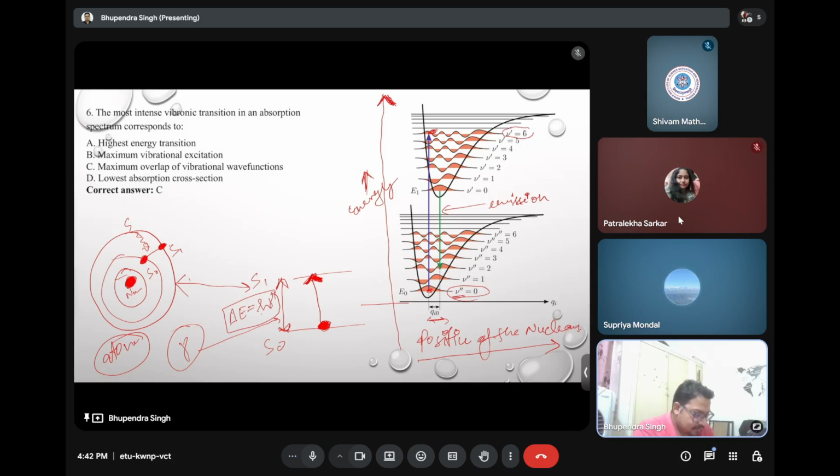Then emission comes only from the first vibronic state of the excited state to, let's say, the second vibronic state of the ground state. Why is there a gap? This gap, from this point till this point.